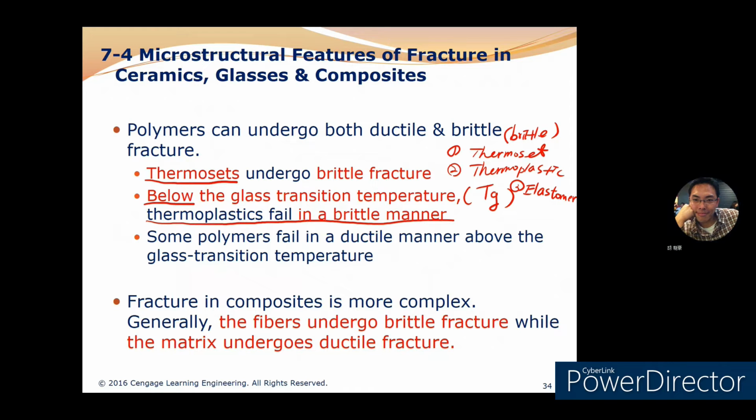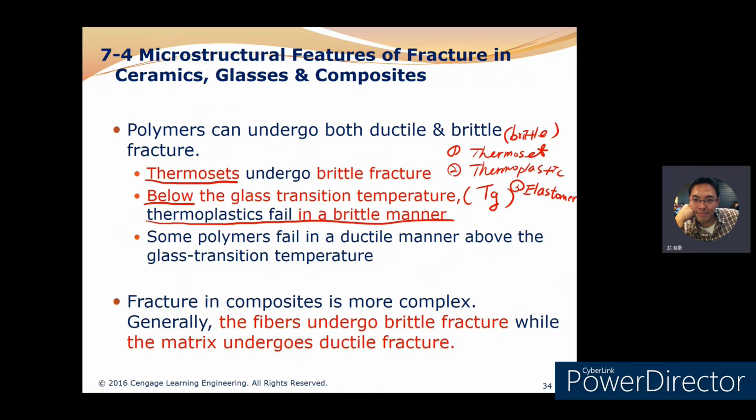I will just mention it again: with increasing temperature, the thermoplastic changes from solid to liquid, and when the temperature decreases to room temperature, it changes from liquid to solid. Therefore, we can realize that Tg is a very important material property. It can control the fracture behavior of a polymer.